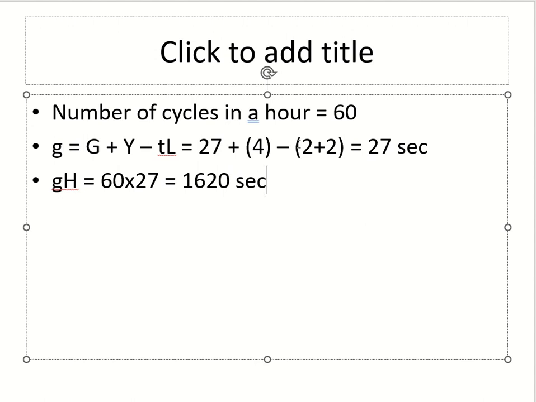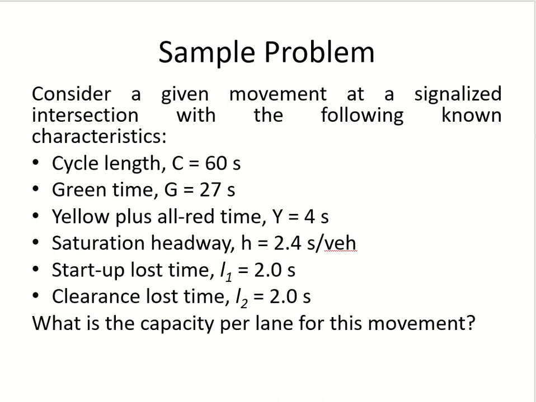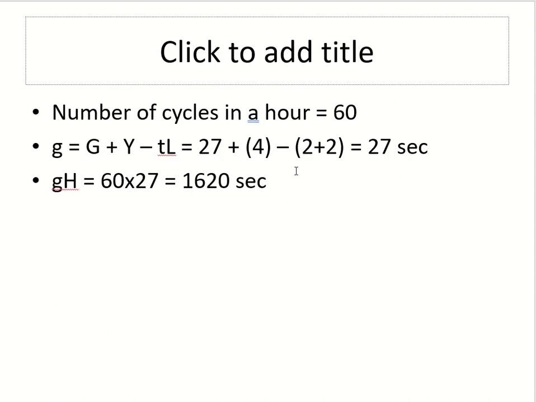Okay, and during effective green time, the vehicles move with what headway? The minimum headway during this time. So in 1620 seconds, the vehicles were moving at a headway of 2.4 seconds per vehicle. So how many vehicles? 600 something more.